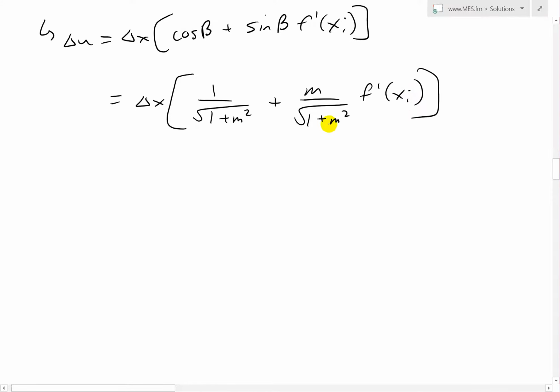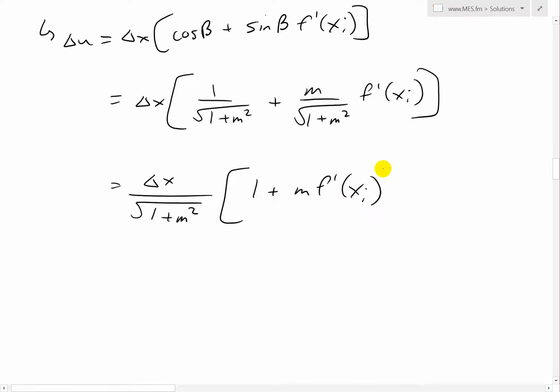Let's simplify this further by taking this common denominator out. So we get delta x over the square root of 1 plus m squared, times 1 plus m of x, f prime of xi. This is our delta u now.